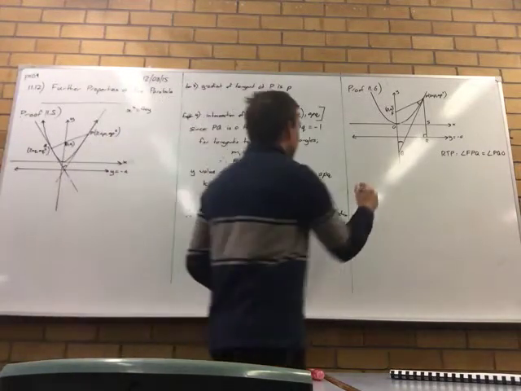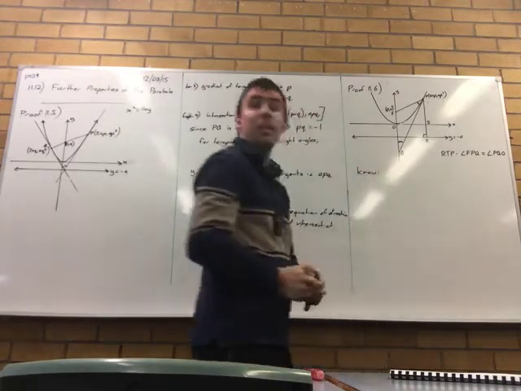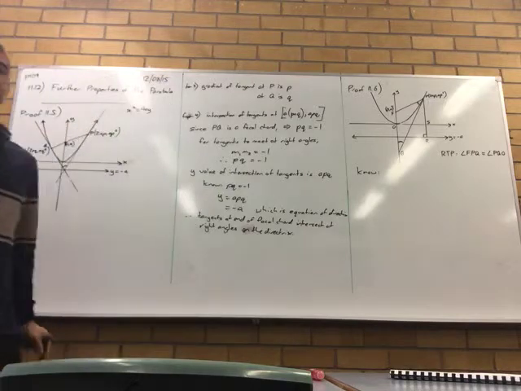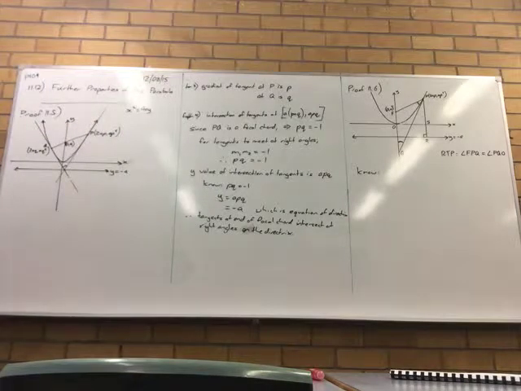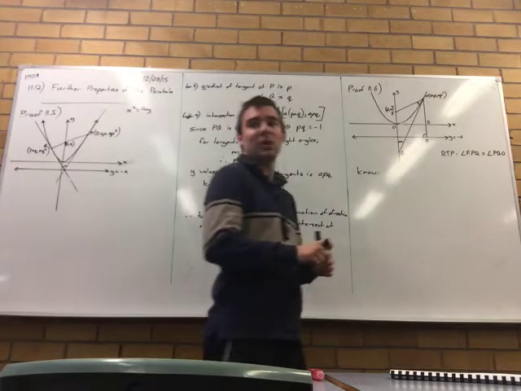So what do we know? What makes a parabola? Thinking about your locus, a parabola is the locus of a path that is equidistant from. So we know from that what two things are equal.